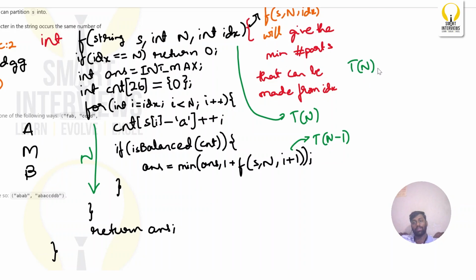The entire recurrence relation comes out to be t of n equal to n times t of n minus 1 plus 1. This plus 1 represents some constant time taken to perform other statements and operations. If you expand this expression further, you are going to get a complexity of around n cube, which means for the given constraints, that is n can go up to 1000, your logic might fail.